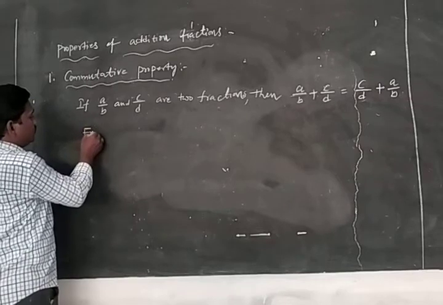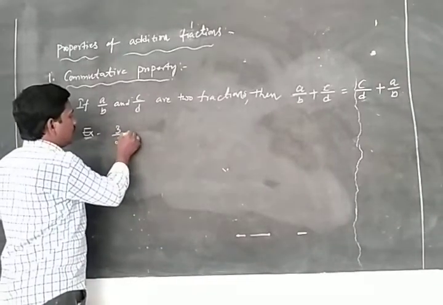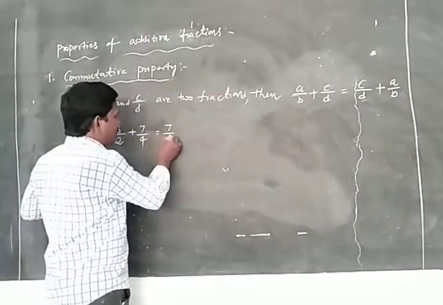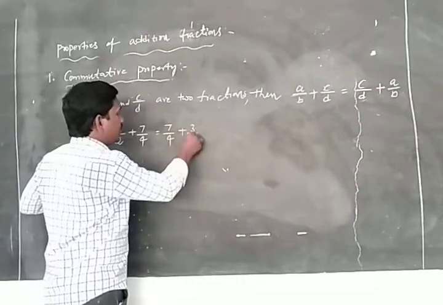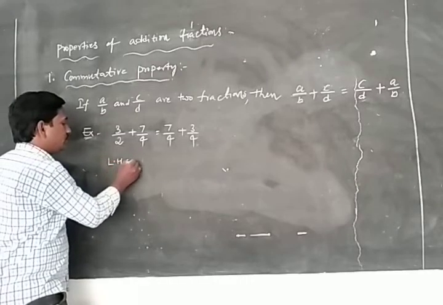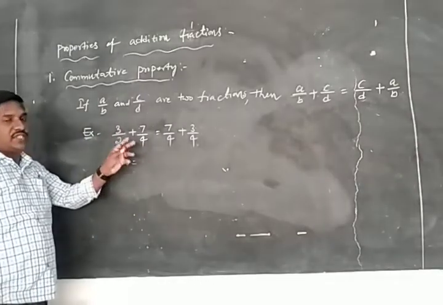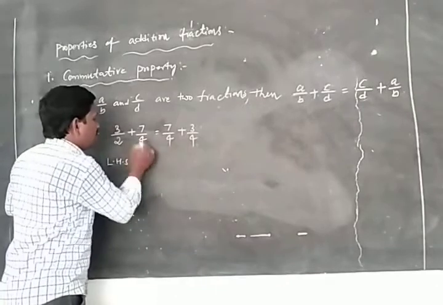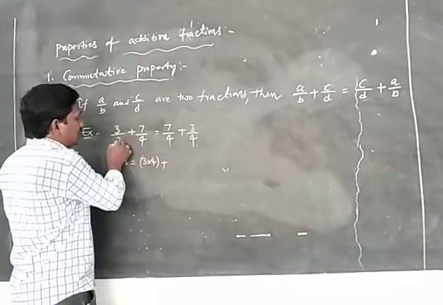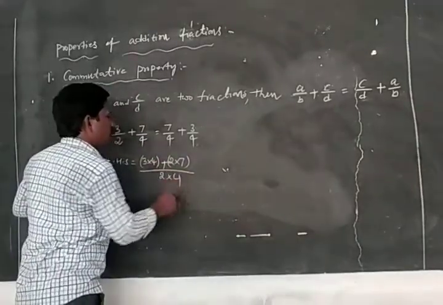Example: 3 by 2 plus 7 by 4 equals 7 by 4 plus 3 by 2. First LHS: add the two fractions by the cross multiplication simple method. 3 4s are 12 plus 2 7s are 14, by 2 into 4.